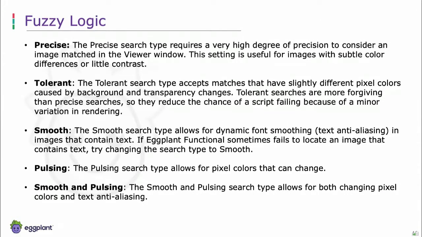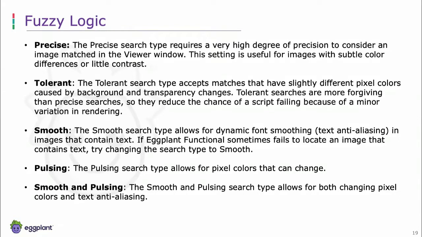Tolerance is a search type for images that are slightly different in pixels, meaning if they're drawn a little bit differently in terms of the actual pixels, tolerance will be able to handle that, which you'll see momentarily. Smooth is about anti-aliasing. So not only is the text drawn differently, but the color is also different too.